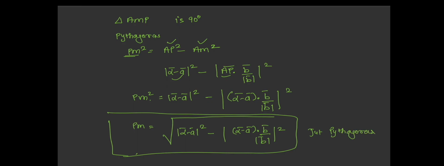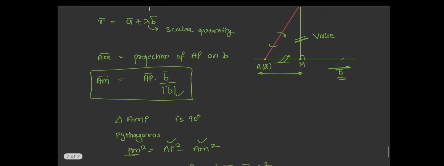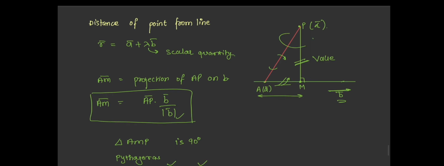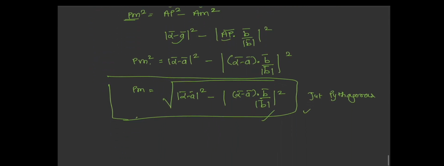What we need to remember is that we are applying Pythagoras to this triangle, and we know all the values. So we are calculating PM, and PM square is nothing but AP square minus AM square, and since we need the value, we'll take the magnitude of this, and this is our answer. So we just need to remember this, and from this we can easily get this value.